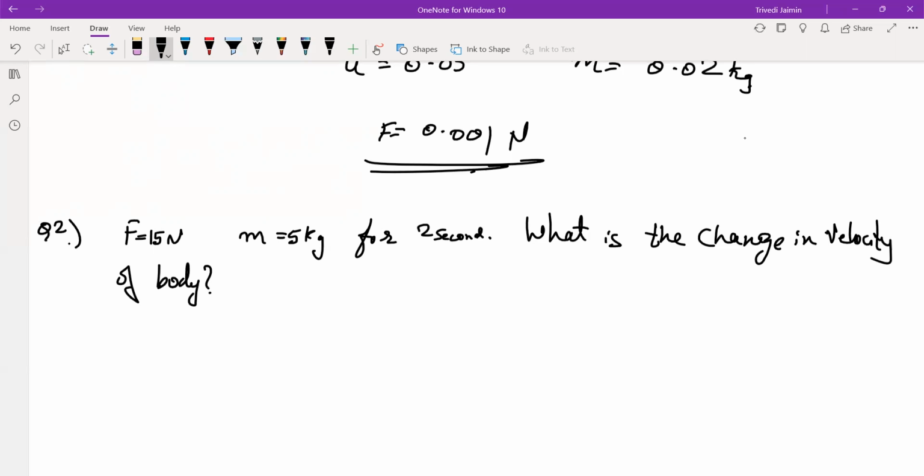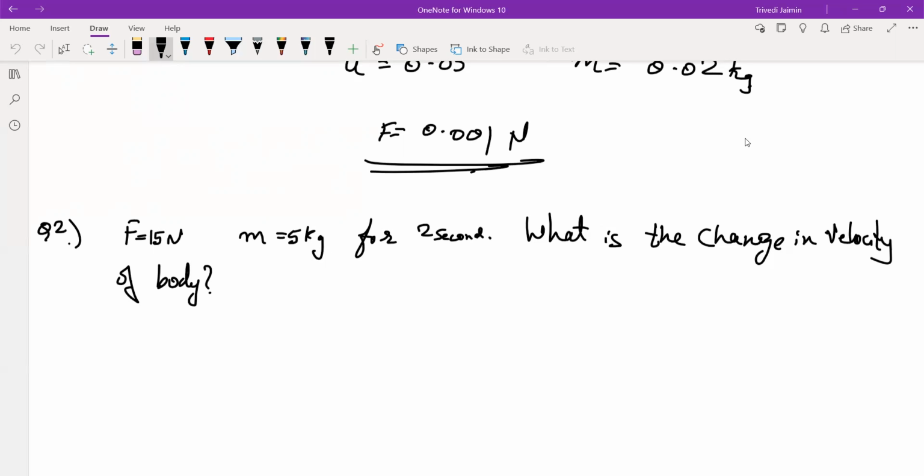Very good. But if I ask you for acceleration, the rate of change of velocity, then it is also 3 meter per second square only. Yes, sir, 3.